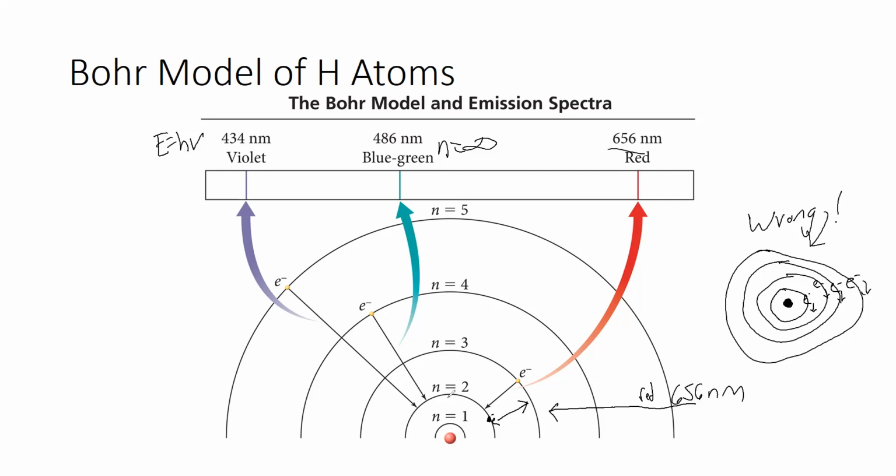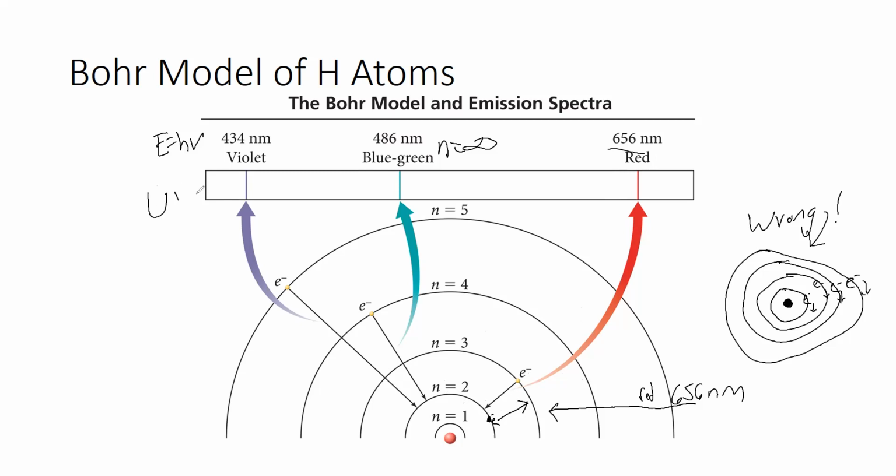And once we understand this concept, we can start thinking about energy levels and some things that go along with this. Like I said, when you're going to a higher energy level, you absorb light. When you fall down to a lower energy level, you release light. The bigger the jump you make, the more energy you have to absorb, right?